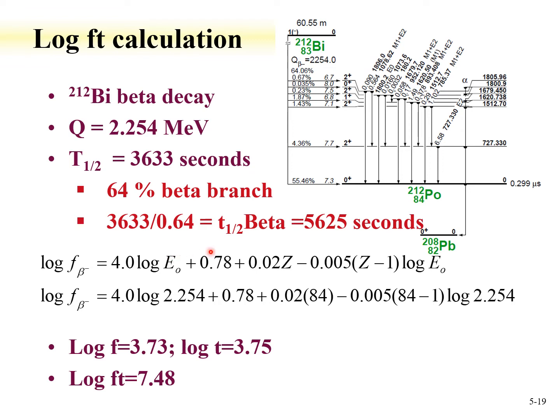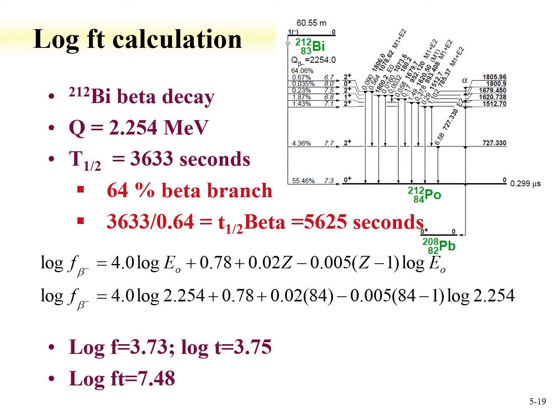Well, we actually need to get the beta decay half-life, which winds up being 5,625 seconds. Remember that this is a 46% beta branch, so we use one of the equations that we discussed earlier. If I use my equation for the log F beta minus, I have this equation. I plug in my half-life. I plug in my Q value.